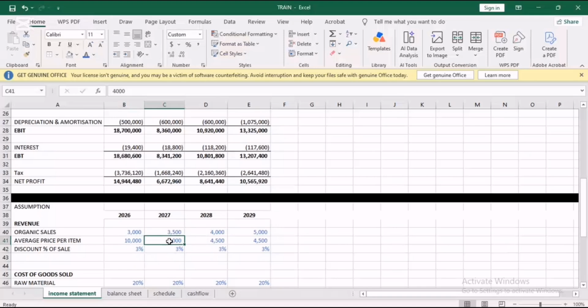Let me make it 20,000. You notice the change, but for the fact that it's connected and everything is made right, the balance sheet will still balance. It will just be depicting the figures and the assumptions that you are making. The reflection of every assumption will appear in all of the statements.